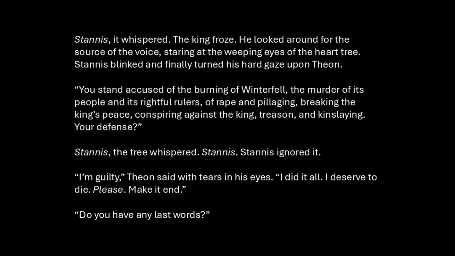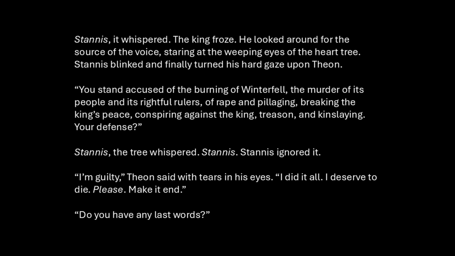"Stannis," it whispered. The king froze. He looked around for the source of the voice, staring at the weeping eyes of the heart tree. Stannis blinked and finally turned his hard gaze upon Theon. "You stand accused of the burning of Winterfell, the murder of its people and its rightful rulers, of rape and pillaging, breaking the king's peace, conspiring against the king, treason, and kinslaying. Your defense?"